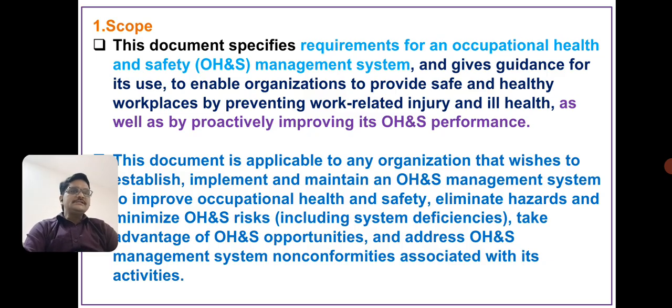Second, this document is applicable to any organization that wishes to establish, implement and maintain an OHS management system to improve occupational health and safety, eliminate hazards, minimize OHS risks, take advantage of OHS opportunities, and address OHS management system nonconformities associated with its activities.